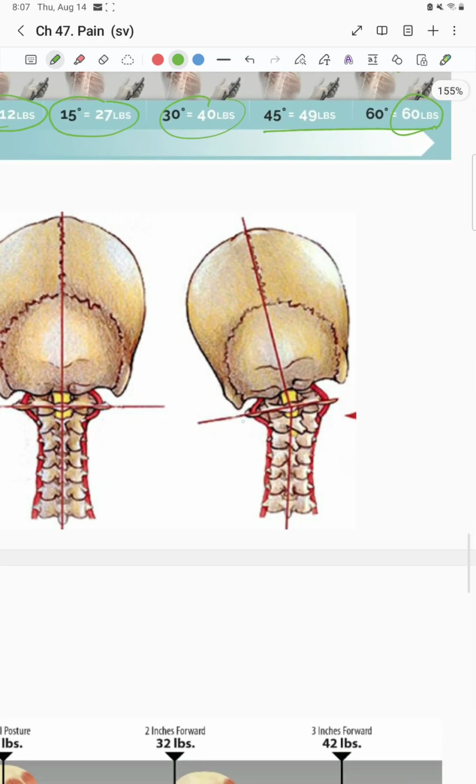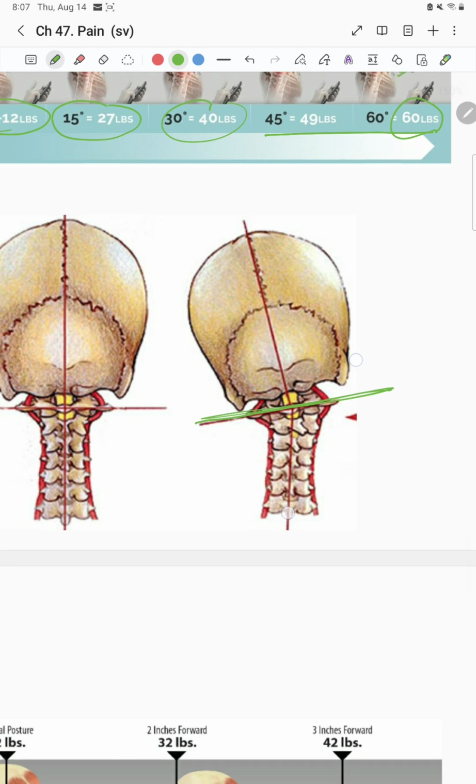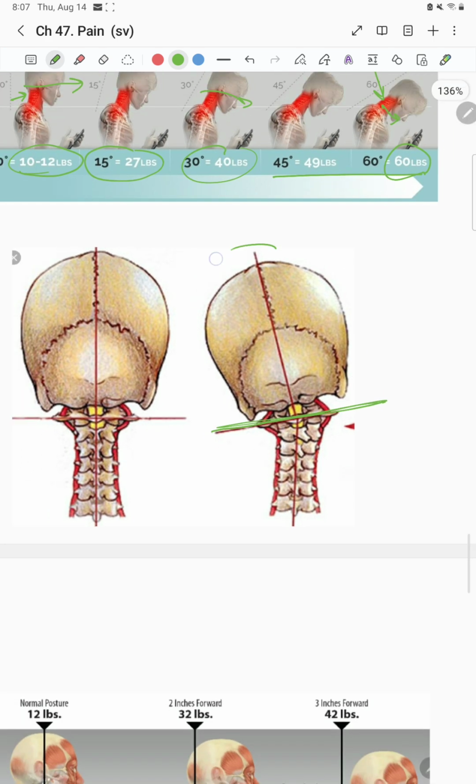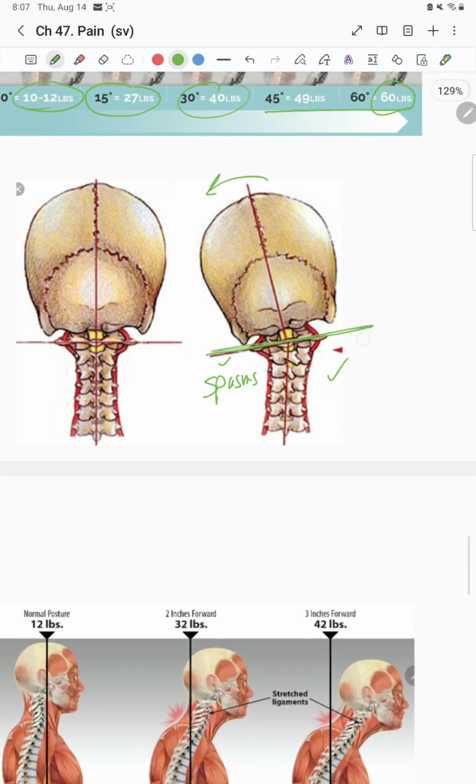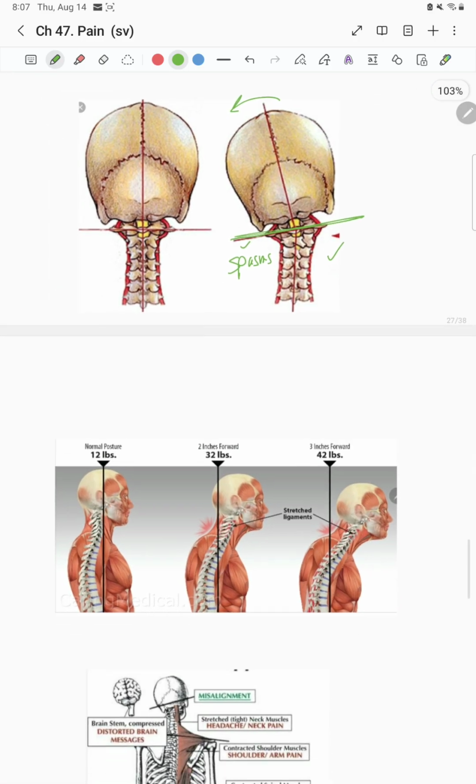Also, if the atlas or any other cervical bone is malrotated or subluxed, it can cause a misalignment, which causes spasms in the musculature, because remember, if the brain thinks an area is hurt, it will always guard and protect. And the chronic spasms can eventually cause headaches and or migraines.